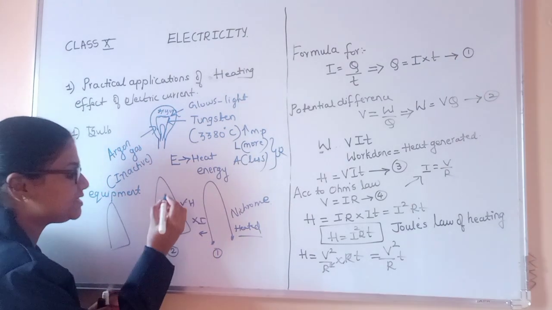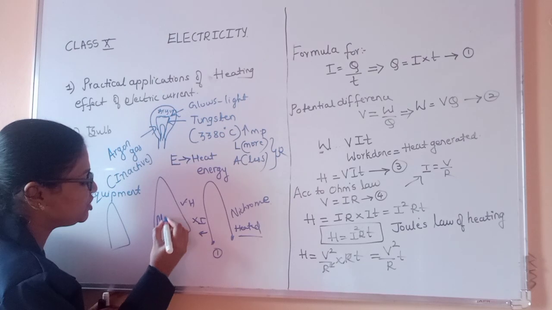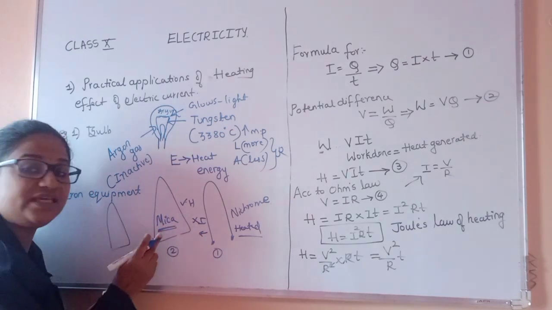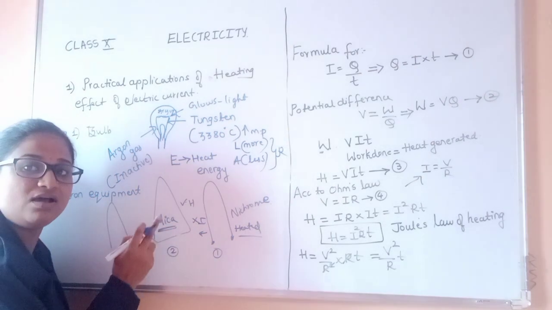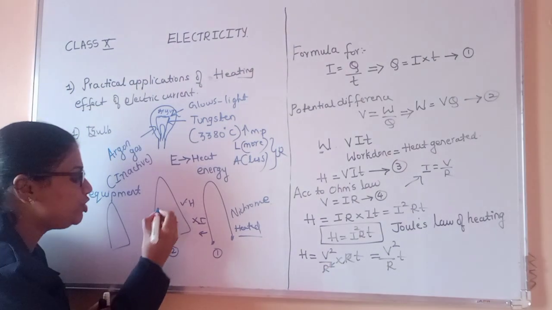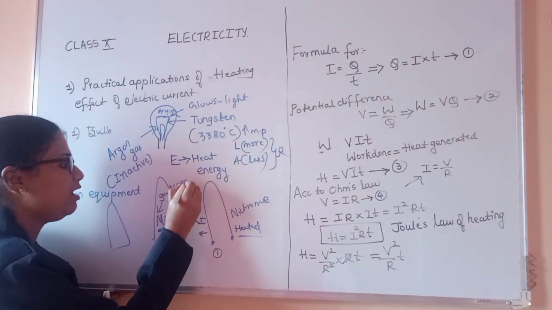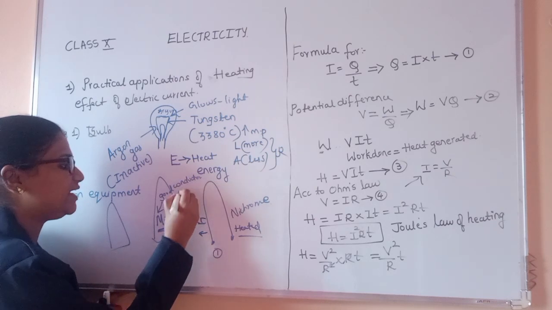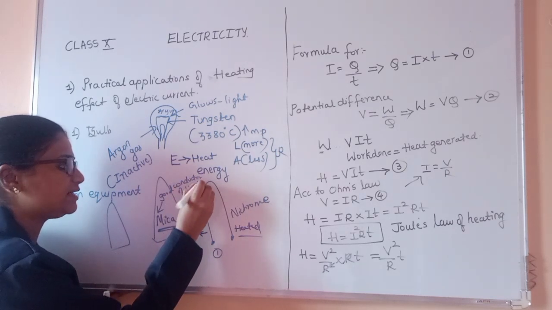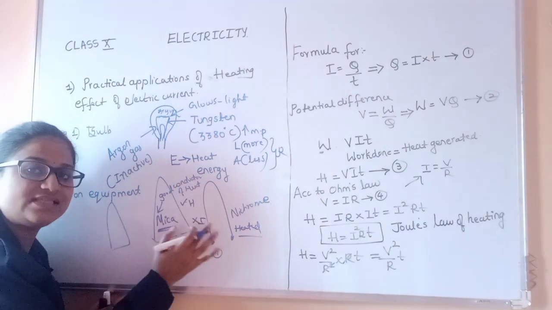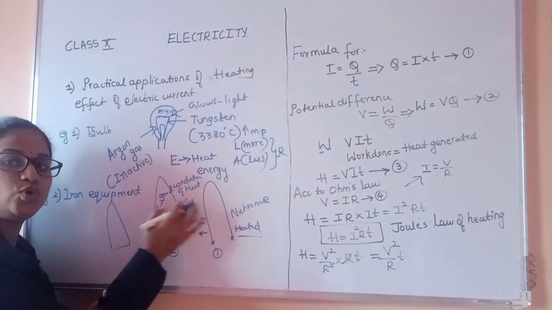So this is made up of a material called mica. Mica is a mineral which is a good conductor of heat but a bad conductor of electricity, which means it will not pass the electric current, only heat.